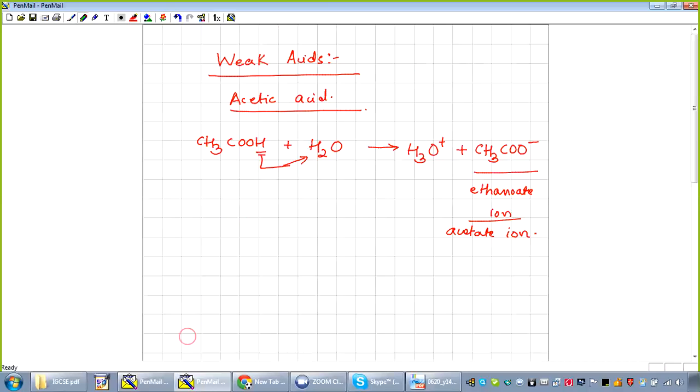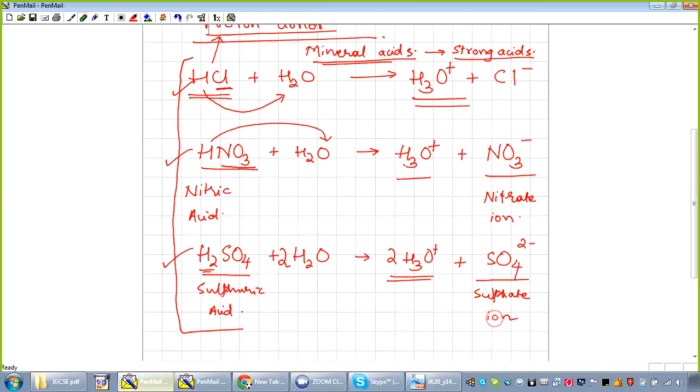Now what do you understand between what is a strong acid and what is a weak acid? See, here we had considered HCl, HNO3 and H2SO4. These substances, when you dissolve them in water, obviously they are mineral acids and they are strong acids. But what do you understand by the strong acids?